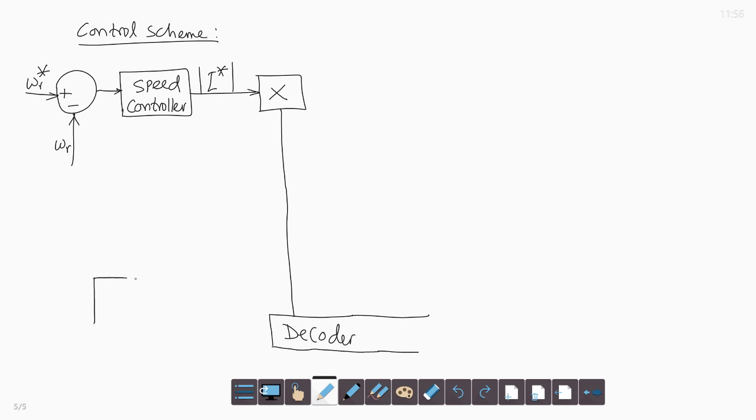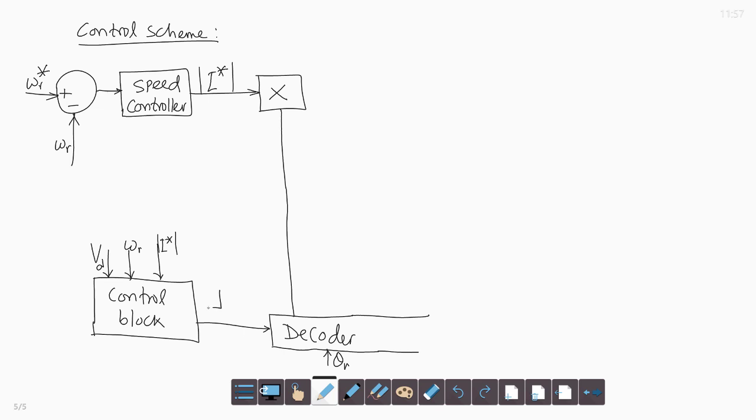We have a control block, which takes the DC link voltage information VD, speed information omega r, and magnitude of the reference stator current, and also decoder takes the rotor position information theta r, and the control block generates the angle at which it is to be switched on, theta on, and theta off.